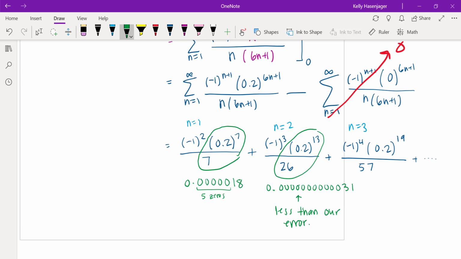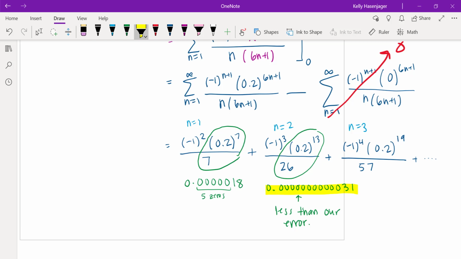So our b sub n, which was this number that I can't even say because it's so little, our error is less than that number if we just add the first term. That's what our alternating series estimation theorem says.